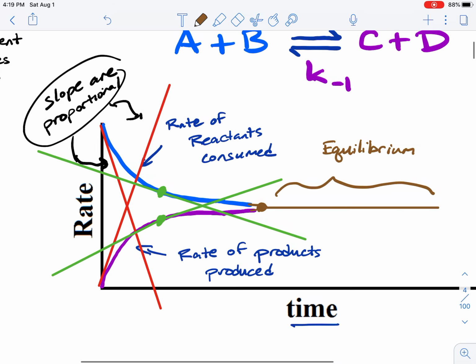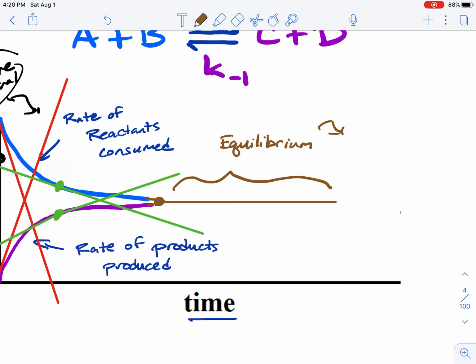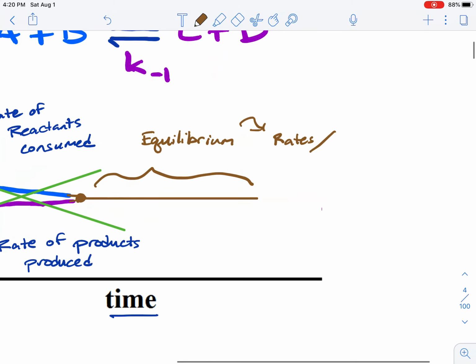Okay? And so notice how the rates, or slope, well, let's just say instantaneous rates, which is represented by slope. So the instantaneous rates converge.